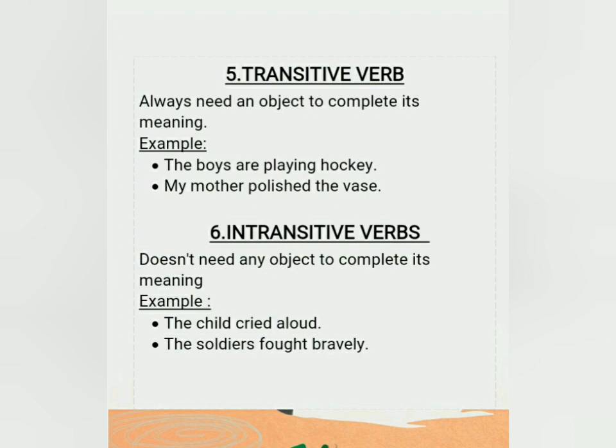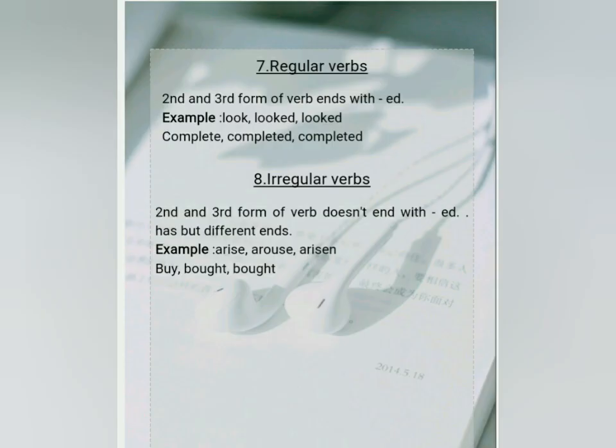Let's move towards the very important part of verbs, regular or irregular verbs. Students find many problems to define or understand what regular or irregular verbs are. So let's start with regular verbs. In these verbs, you can identify when second and third form end with ed, you can say it's a regular verb.